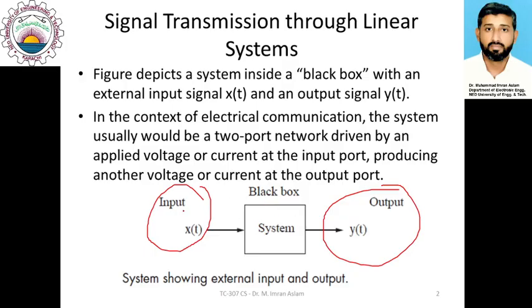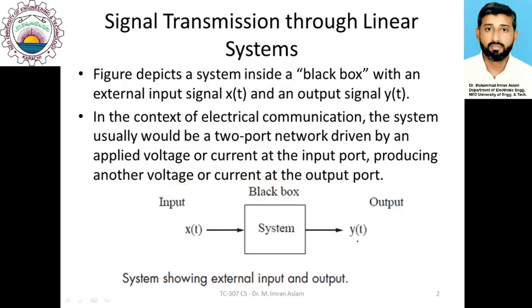So how does the system transform this input quantity into the output quantity? A reasonable system description should tell us which type of output we will get for a particular input. So any mathematical representation should relate these two quantities, that is input and output.